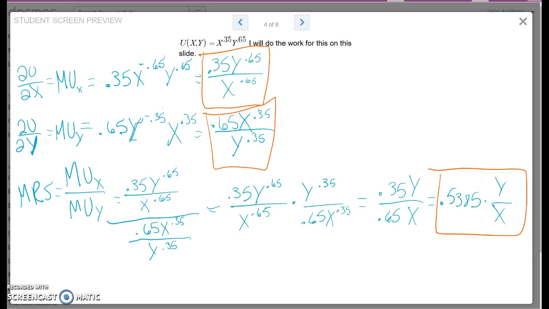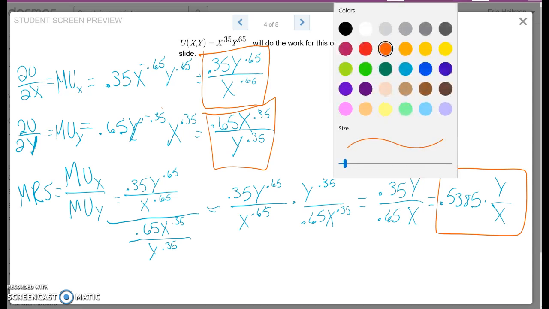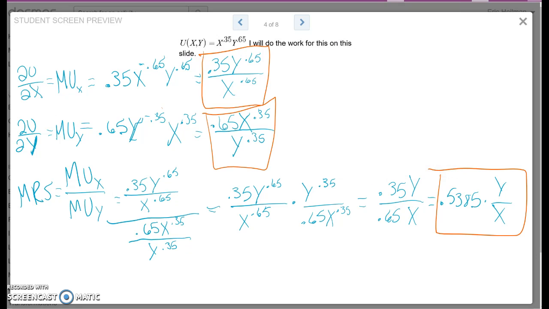Okay, here is the work to get the marginal rate of substitution. I just plugged in for marginal utility of x up there, over marginal utility of y, which is what we got previously. When you are dividing a fraction by a fraction, you multiply by the reciprocal.